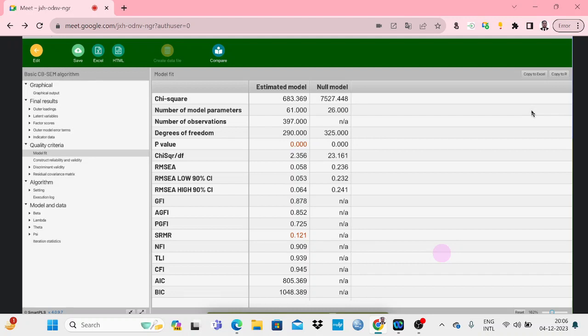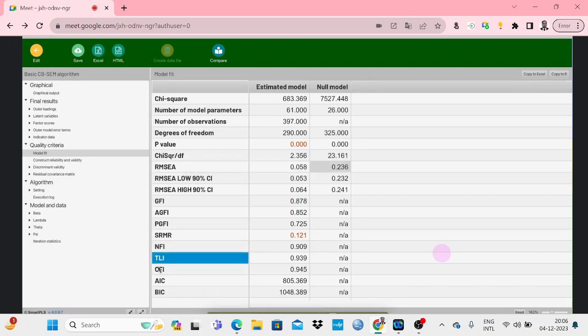Usually nowadays, journals require you to report two important fit indexes in your paper. First is this CFI, which stands for Comparative Fit Index, and lastly this RMSEA, root mean square error of approximation. These two indexes nowadays are being reported.